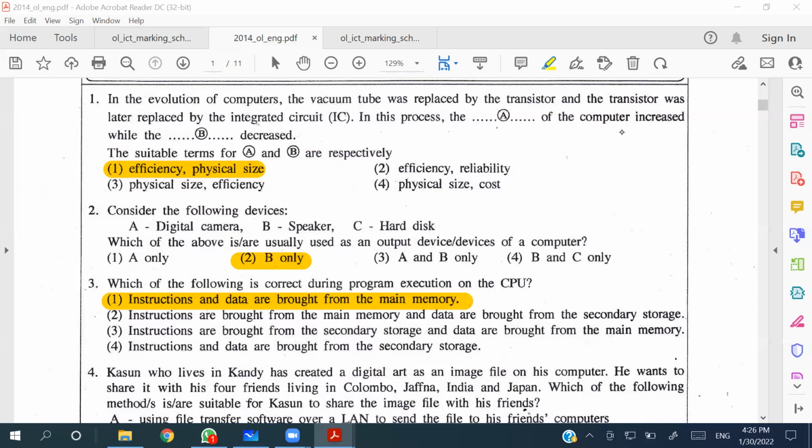When we are taking a digital camera alone, when it is communicating with the computer, we don't take outputs from the digital camera. We may transfer some files into the camera or from the camera, but at the end of the day, we can't generally take it as an output device, right?